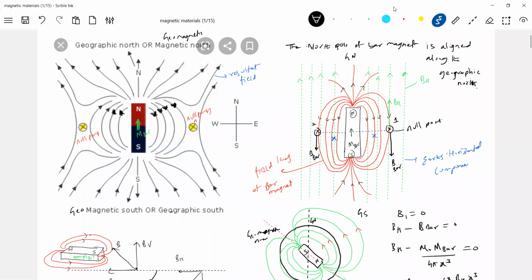Somewhere it becomes zero, and after that null point, it should be upward. So here it should be towards it. At the null point it will be zero. Some small correction is there.